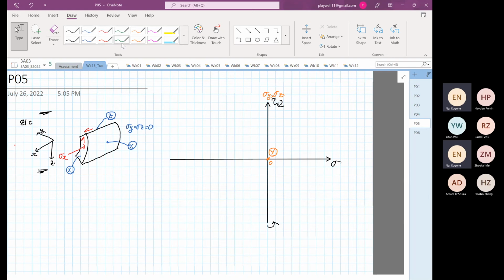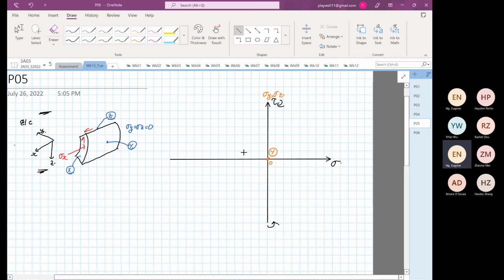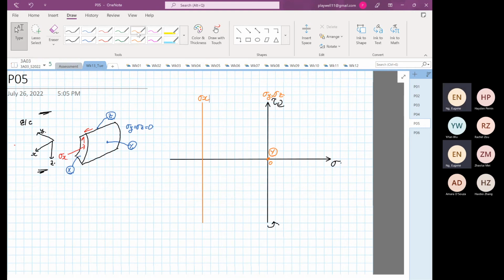Then we are going to have a normal stress X of stress X, and then we have our shear.